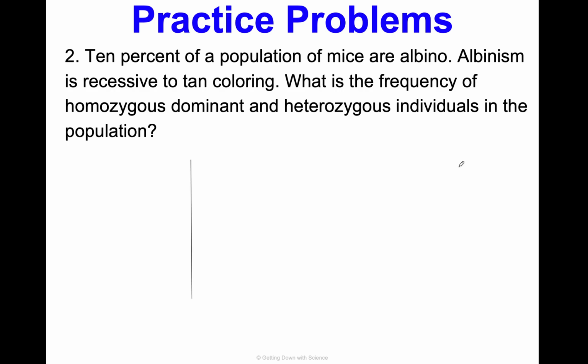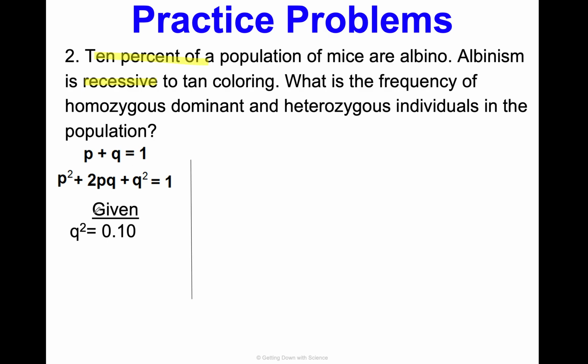Cool. Next up, 10% of a population of mice are albino. Albinism is recessive to tan coloring. What is the frequency of homozygote dominant and heterozygote individuals in the population? Step 1, write down your equations. Step 2, figure out what's given. So albinism is recessive and 10% of the population has it. So that's our Q squared.